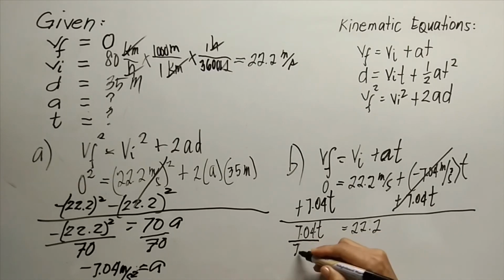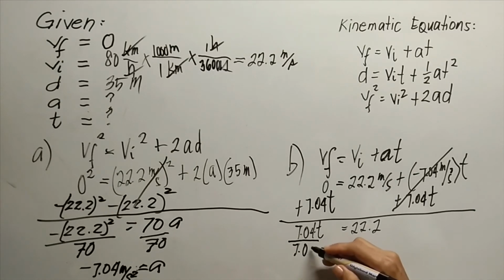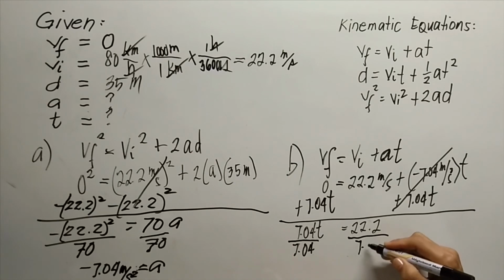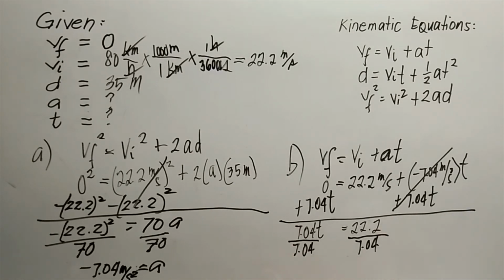So this will be divided by 7.04. Divide this by 7.04. So our t, therefore, 22.2 divided by 7.04 will get a value of 3.15 seconds. So that's it.